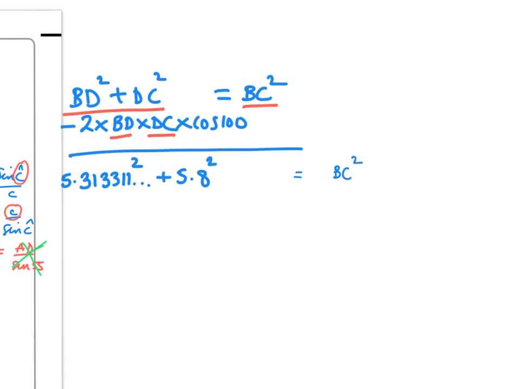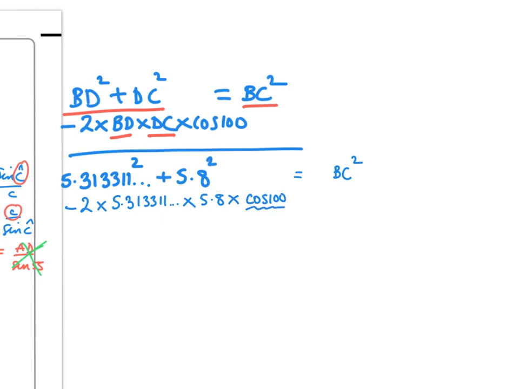But it isn't a right angled triangle, so I've got to take away 2 times 5.313311 and so on times 5.8, and those two lengths make the angle 100, so it's cos 100, hence the cosine rule.